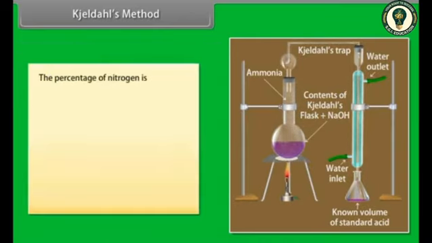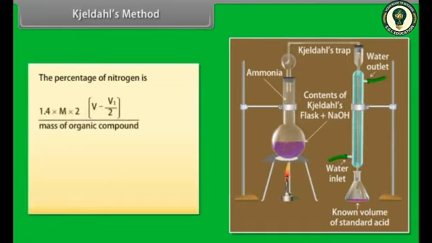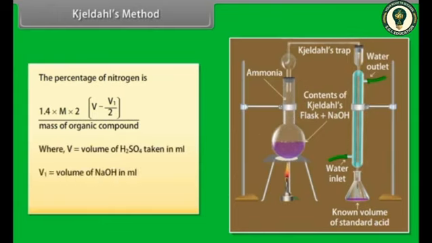The percentage of nitrogen is 1.4 × M × 2 × (V − V1/2) divided by mass of organic compound, where V is the volume of H2SO4 taken in milliliters, V1 is the volume of NaOH in milliliters, and M is the molarity of H2SO4.